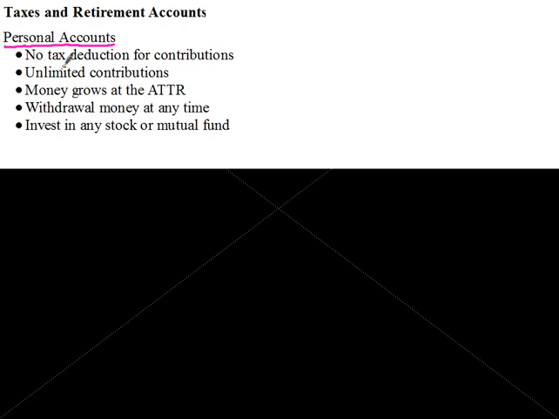Now here are the rules with personal accounts. Let's say you decide to put $10,000 into a stock account with Vanguard, in a Vanguard Mutual Fund.